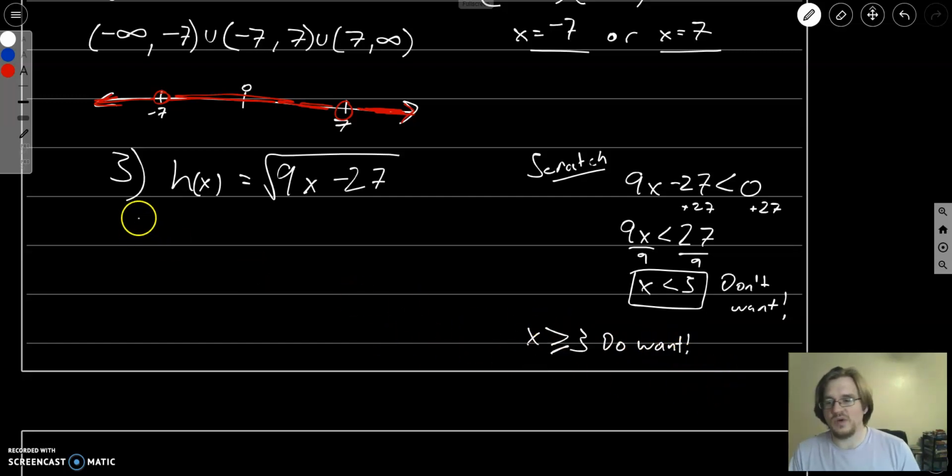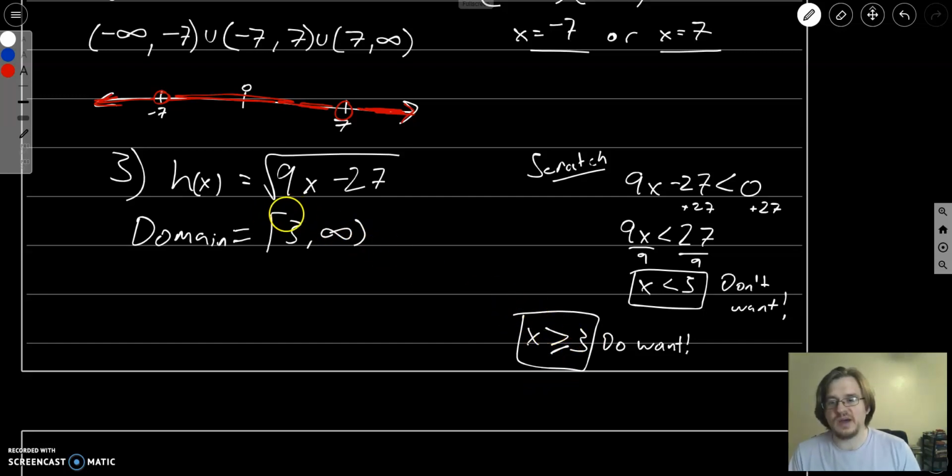I can write this down fairly simply. The interval here is going to be all the numbers from 3 up to infinity. And this is going to be greater than or equal to 3. So I'm going to include 3 with the square bracket.